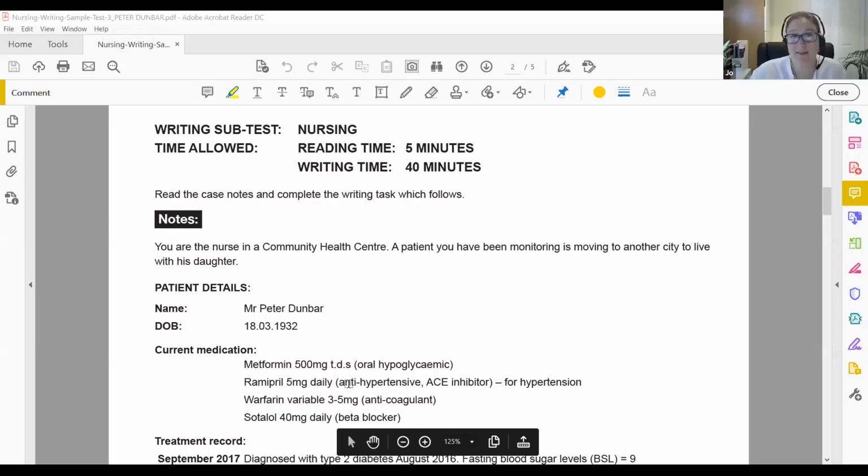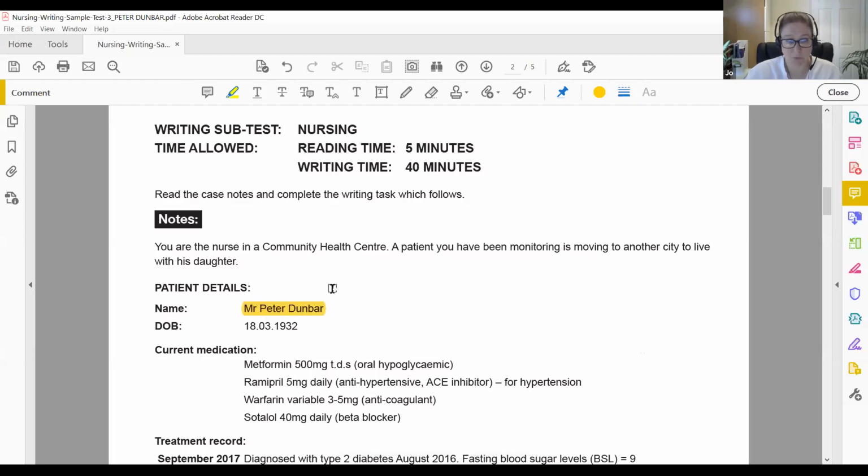You might recognize these. These are one of the free samples available on the OET website, and they relate to Mr. Peter Dunbar. So briefly, let's have a look at the context for the letter that we're going to be correcting. We're the nurse at the community health centre. A patient we've been monitoring is moving to another city to live with his daughter.